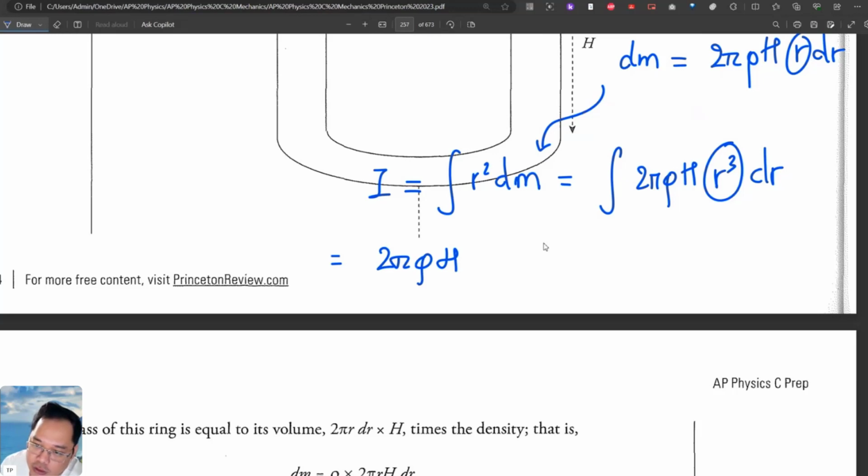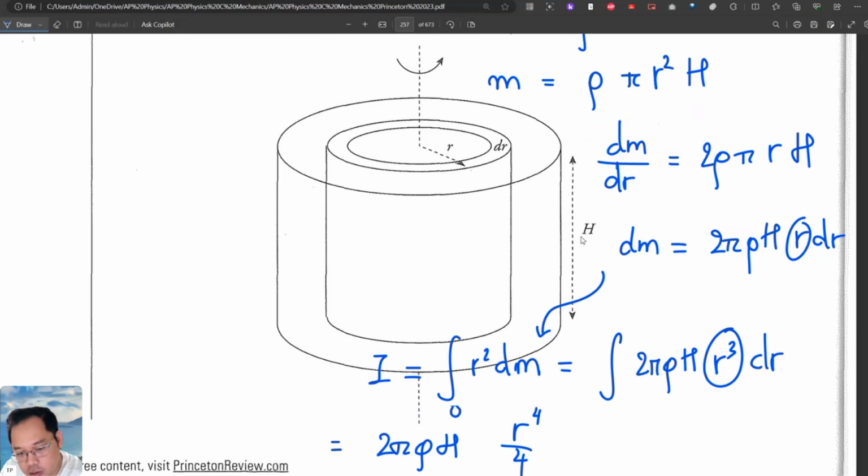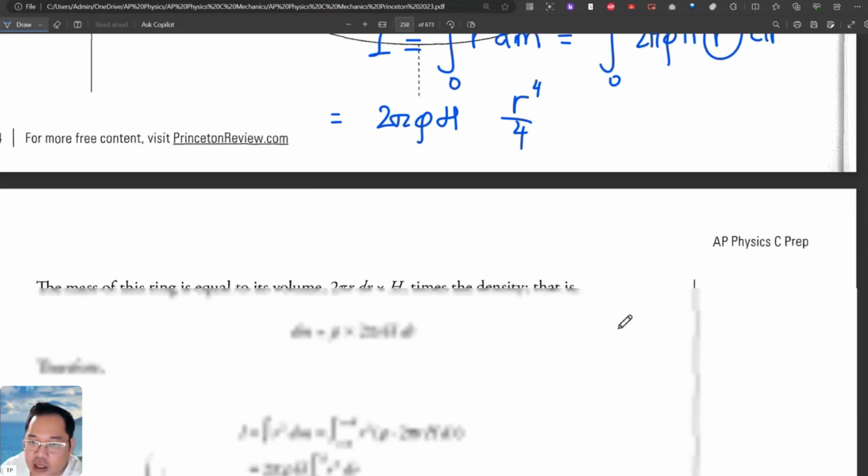Therefore, the integration gives r to the power 4 over 4. Then we need to put in the lower and upper limits. The limit goes from 0 to the radius r, a certain constant value, or we can use big R, any value R that we want. So this is 0 to R.